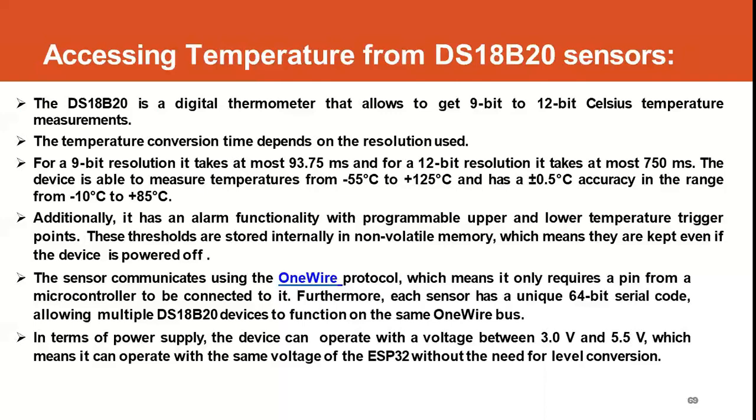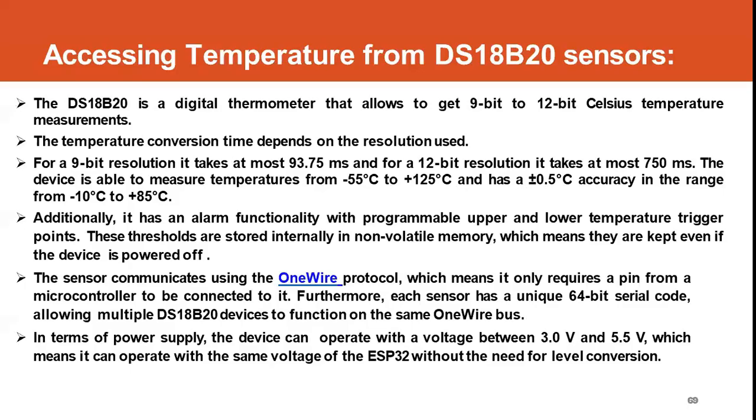So non-volatile memory means like the external SD cards or hard disks. So the advantage of having this is these values will be stored in the device even when it is powered off. So which means the next time when the device is turned on, we need not provide the upper and the lower temperature triggers.